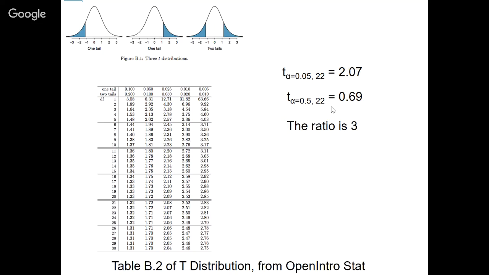But if your uncertainty comes from sampling from a normal population, which is not what yours did, so maybe they were reasonable, when it does come from sampling from a normal population, that ratio between a 95% confidence interval and a 50% confidence interval is about 3. The 95% confidence interval is about 3 times bigger. And I don't know offhand what it is for the 99% confidence interval, but it's quite a bit bigger yet.